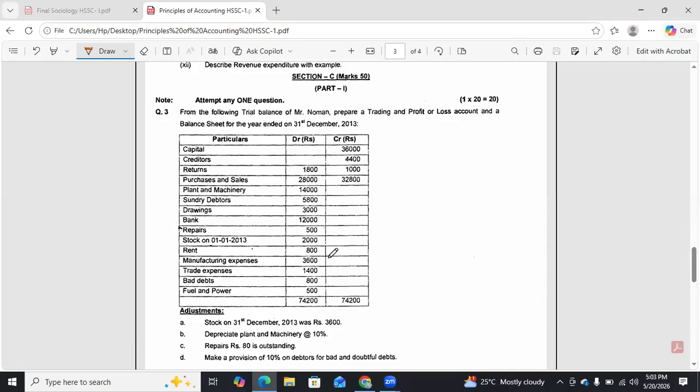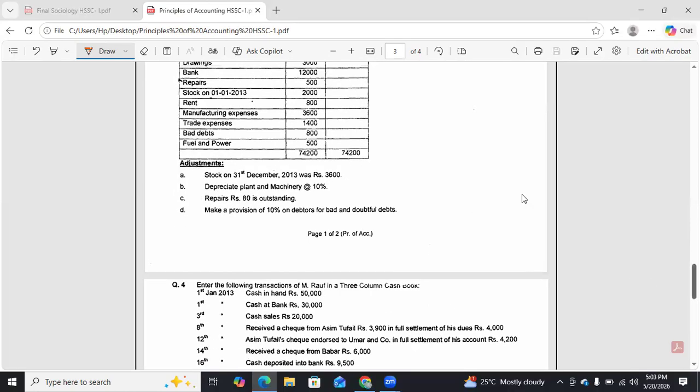So you have to do the adjustments accordingly. Stock on 31st December 2013 was rupees 3600. Depreciate plant and machinery at the rate of 10%. Repair rupees 80 is outstanding. Make a provision of 10% on debtors for bad and doubtful debt.